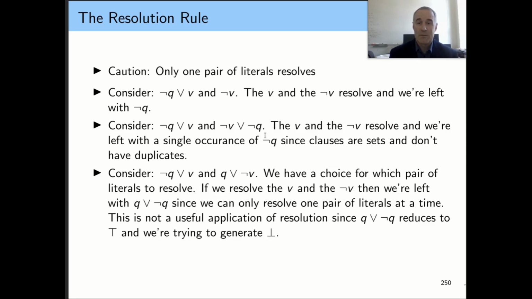If we resolve away the V and the not V, we're left with Q or not Q. Well, that's a tautology, right? And in a proof by resolution, we're trying to determine if the system is unsatisfiable. We're trying to derive a contradiction. So if we derive just true, that doesn't help us at all, so it's not useful.